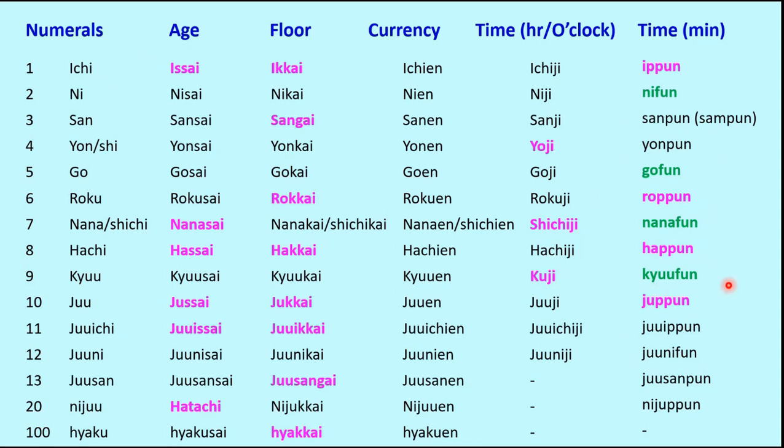And juji is the 10th hour, but 10 minutes is juppun. So this thing needs to be remembered, friends. There is no other way than memorizing these rules of expressing time in hours and minutes.